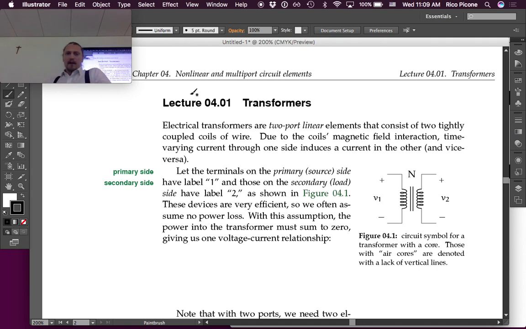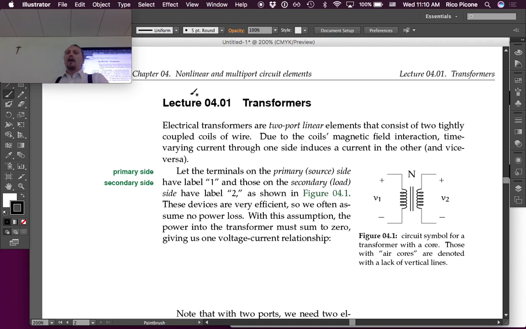So that's cool. Due to the coils' magnetic field interaction, a time-varying current through one side induces a current in the other, and vice versa. They're a little like an inductor, but instead of just storing energy in a magnetic field, it transfers it over to the other side of the circuit.